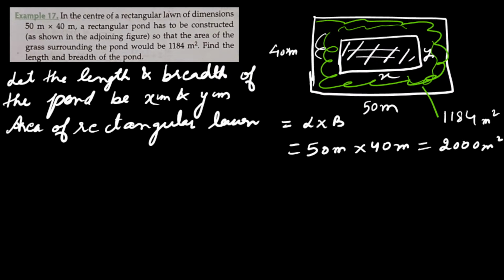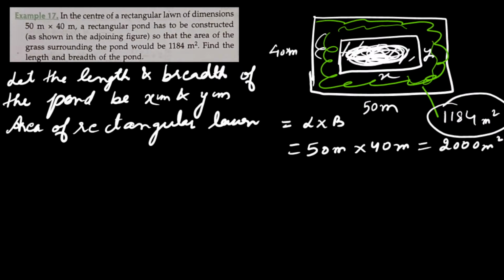Now from the total we just have to subtract the middle area, then only we'll get the area of grass. If from the total we subtract the area of the pond, we get the area of grass. So how did you find the area of the inner pond?